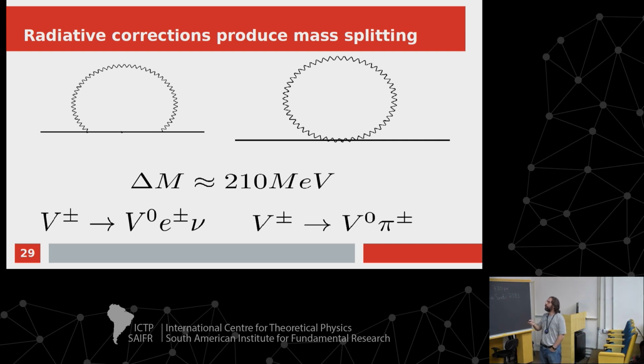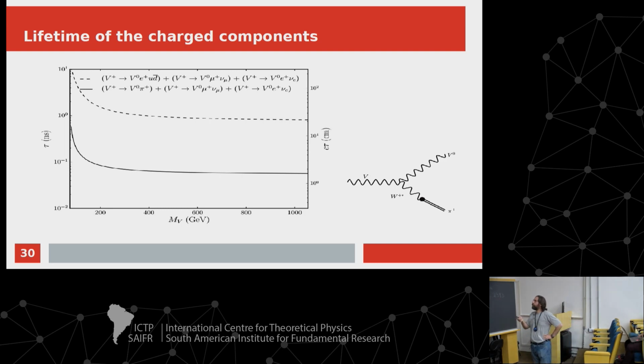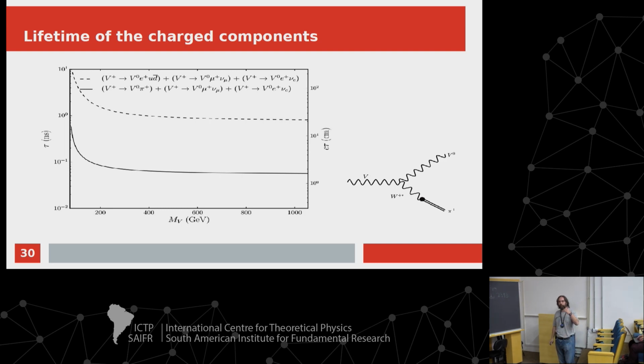The splitting of the charged and neutral component is produced by radiative correction, and it's very small. That implies that the charged components are long-lived, but they can travel only about 2 centimeters before decaying, and this is not big enough to be detected as missing tracks in atoms, for instance.